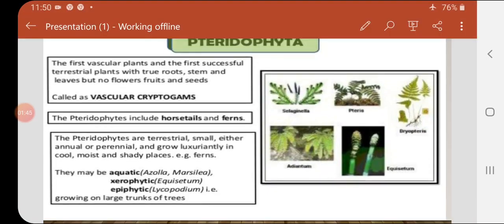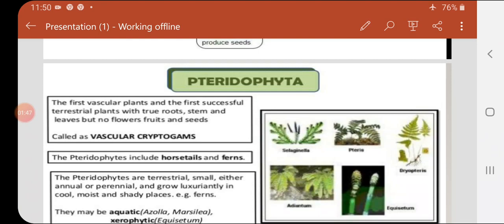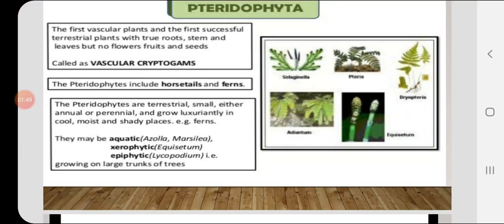When I say Pteridophyta, it is the first vascular plants and the first successful terrestrial plant. The plants that belong to pteridophytes are the first vascular plants.